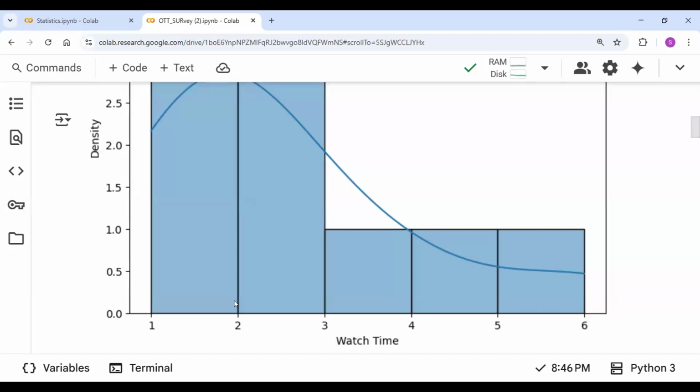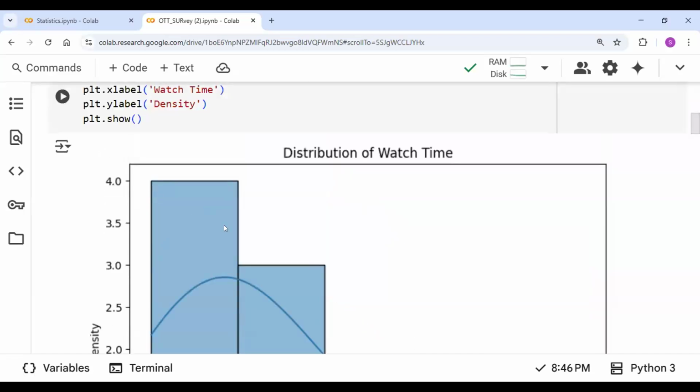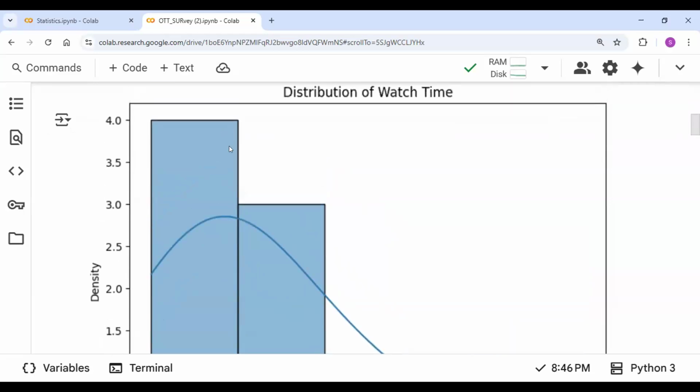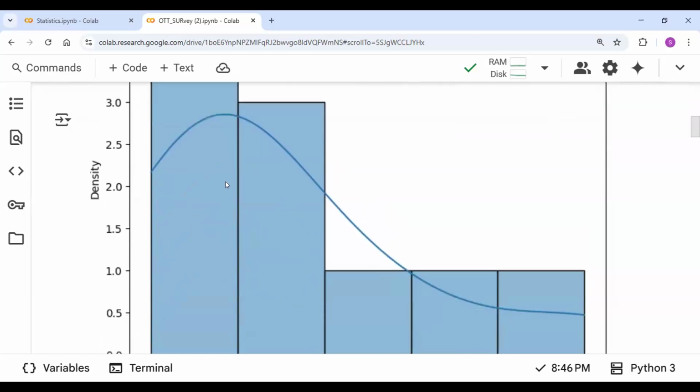That's why half of the customers are watching less than 2 hours, so most customers fall in this region. That's why in skewed data you always want to consider the median value. Median gives you the central tendency of most of the distribution.